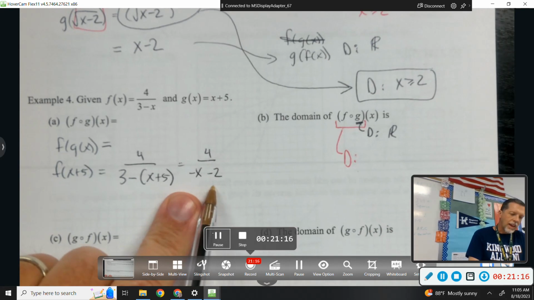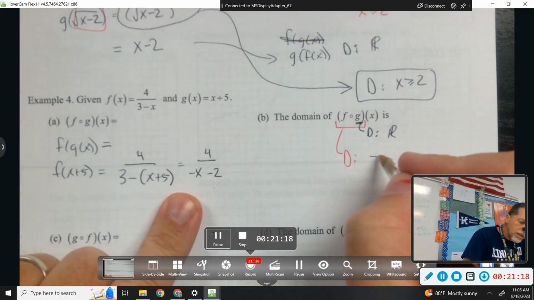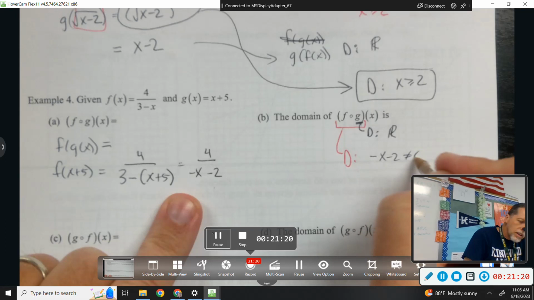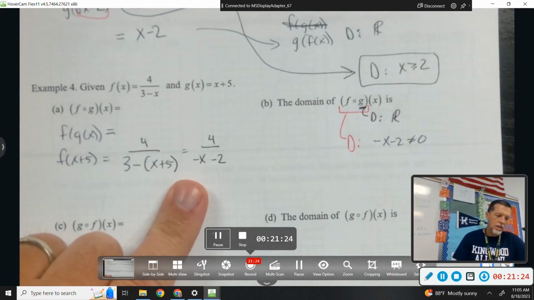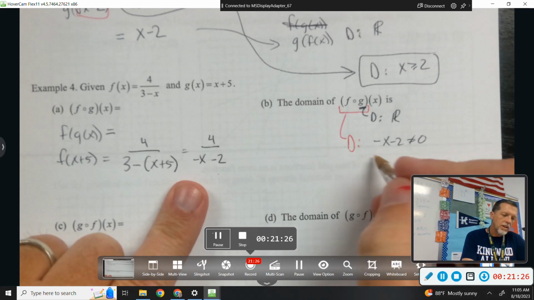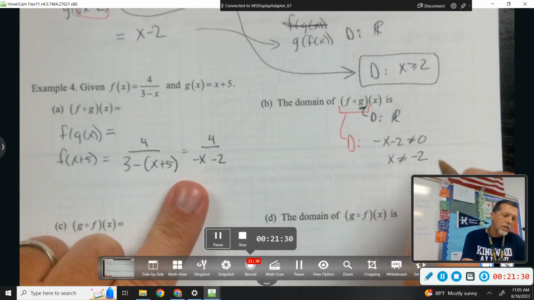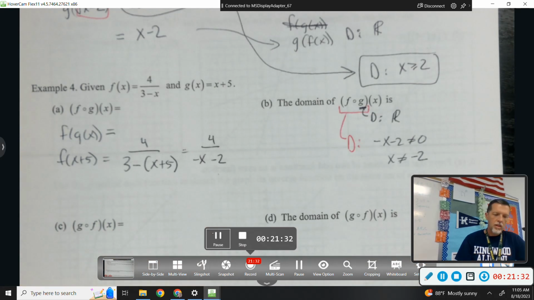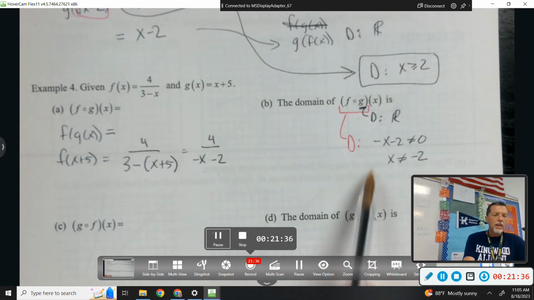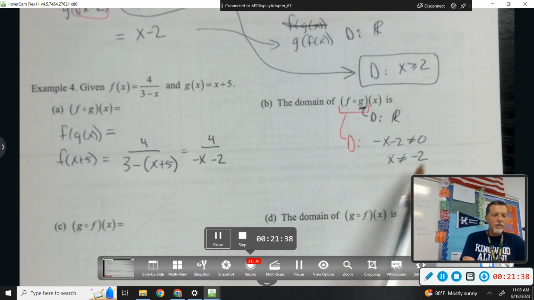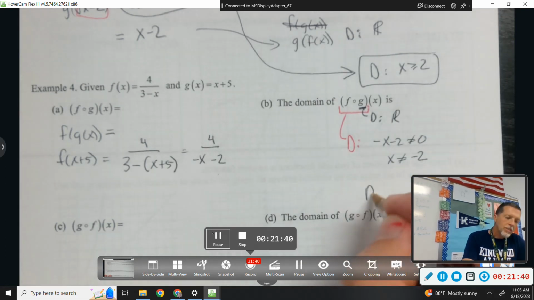I can't divide by 0. Negative x minus 2 can't be 0. So move things around, and x can't be negative 2. So my inside guy says, yeah, do whatever you want. The overall says, well, wait a minute, you can't use negative 2. So my overall domain then is x can't be negative 2.